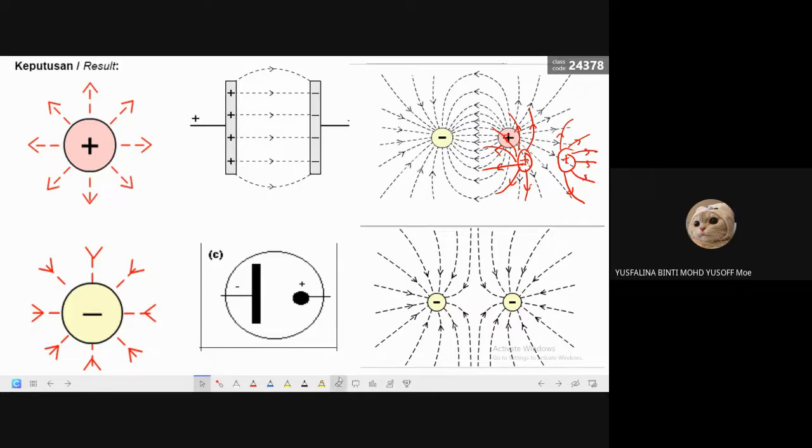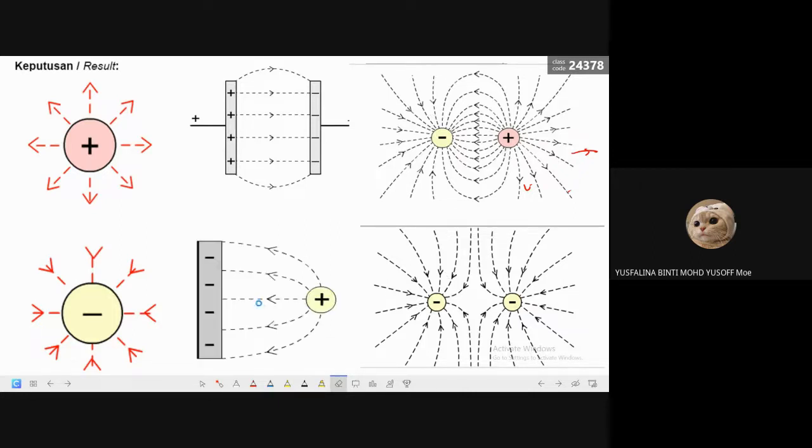So when they have a different charge, you can see the positive goes to negative because they attract each other, because they have a different charge. So different charges attract each other, so the positive will go to the negative. And for this one, one uses a point electrode, another one uses a plate. So the positive goes to negative like that, right? So this is the electric field.